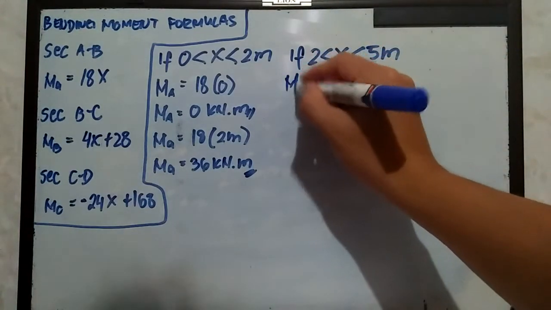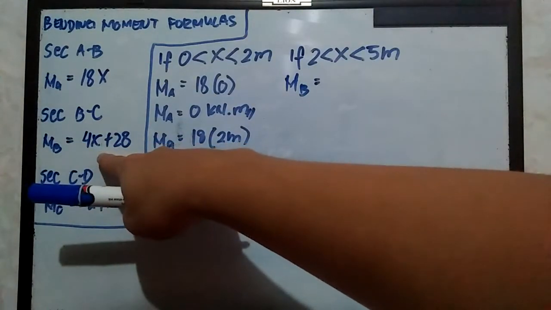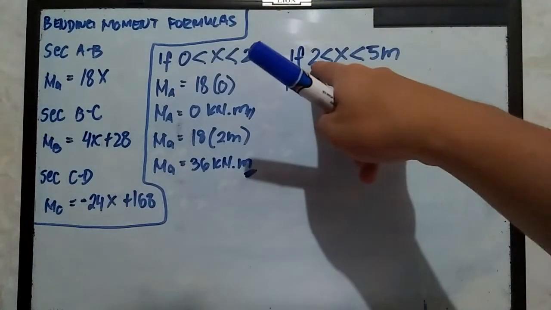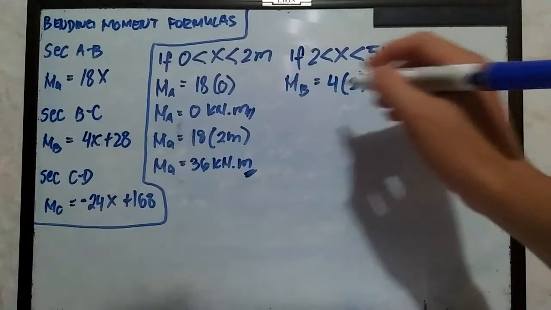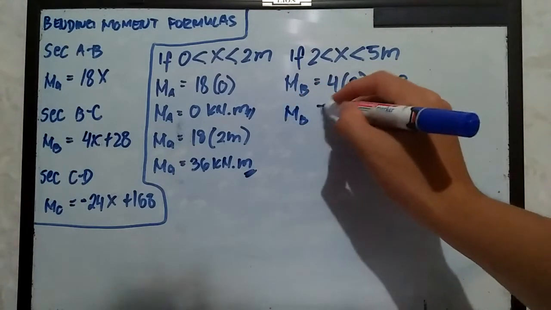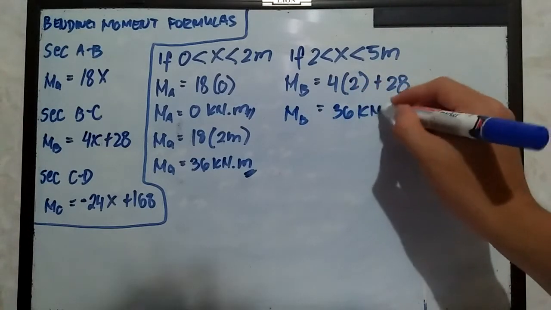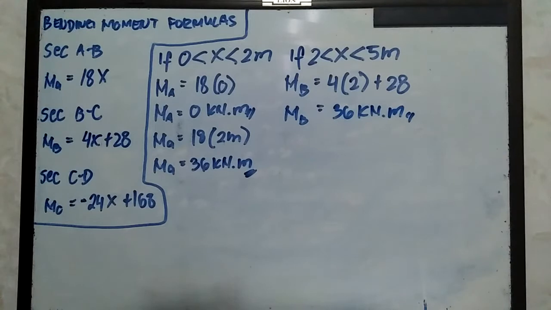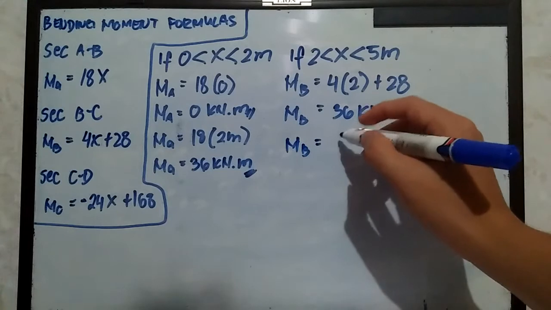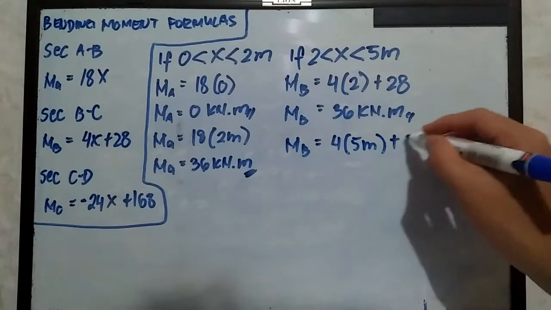So M sub B, this is the bending moment formula for section B-C. So 4x, so 4 multiplied by 2, we're going to substitute that, plus 28. M sub B is equal to 8 plus 28, so 36 kilonewton meter. Then substitute 5, so M sub B is equal to 4 multiplied by 5 meters, don't forget about the unit, plus 28.